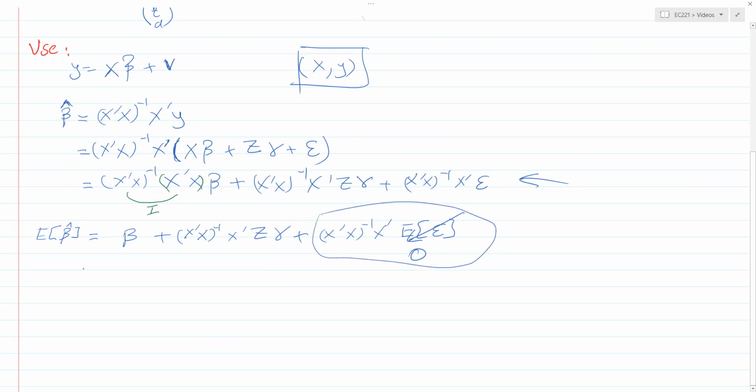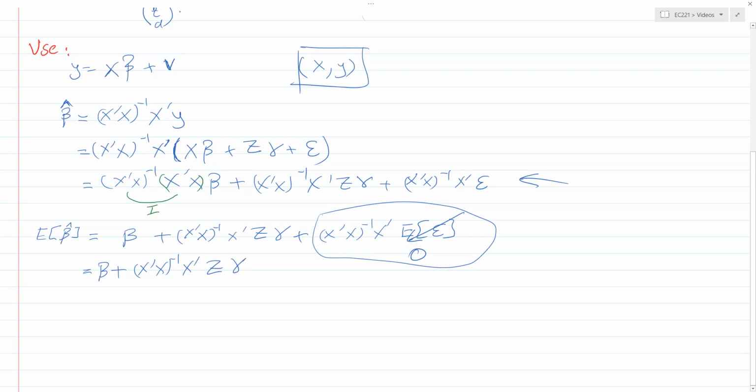We're left with the expectation of beta hat being actually beta, which is what we hope it would be, but there is a bias of (X'X)^-1 X'Z gamma.